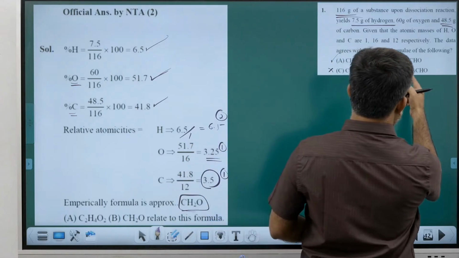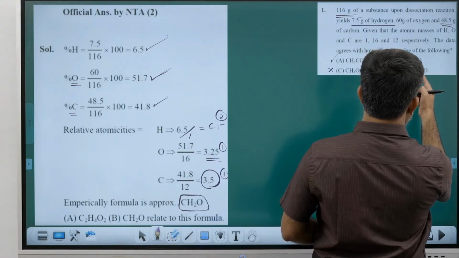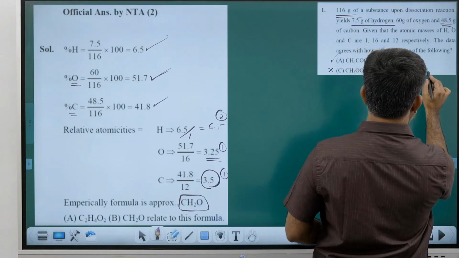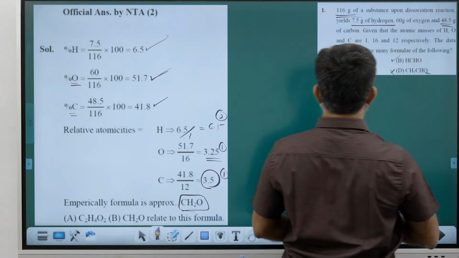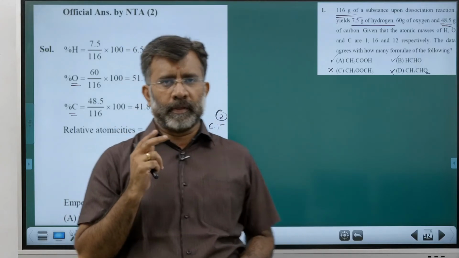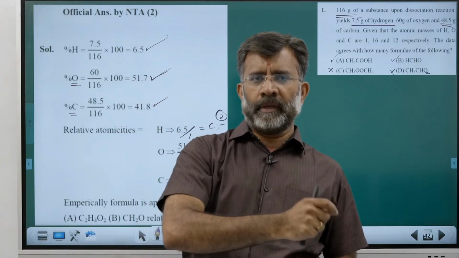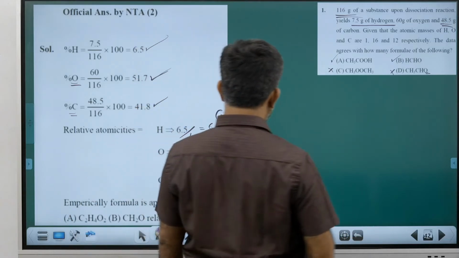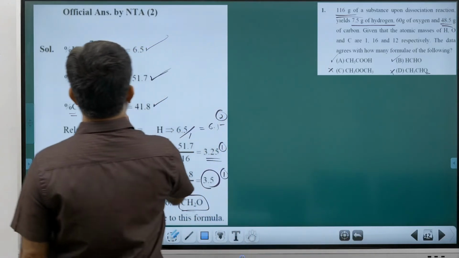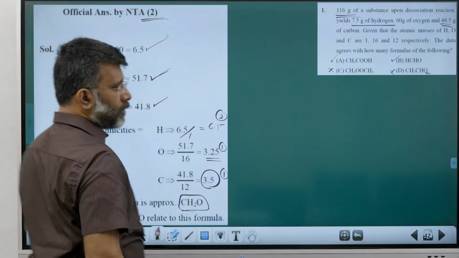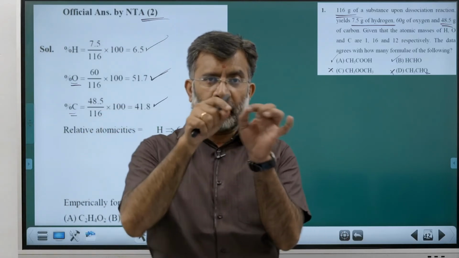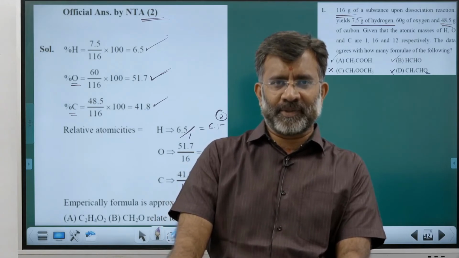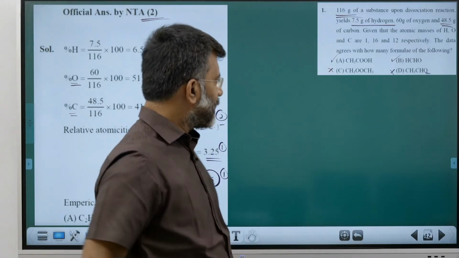Oxygen is not okay. So only A and B will satisfy that empirical condition. It is answer 2. The question is how many from the given choices will satisfy that empirical composition. It is 2. Next.